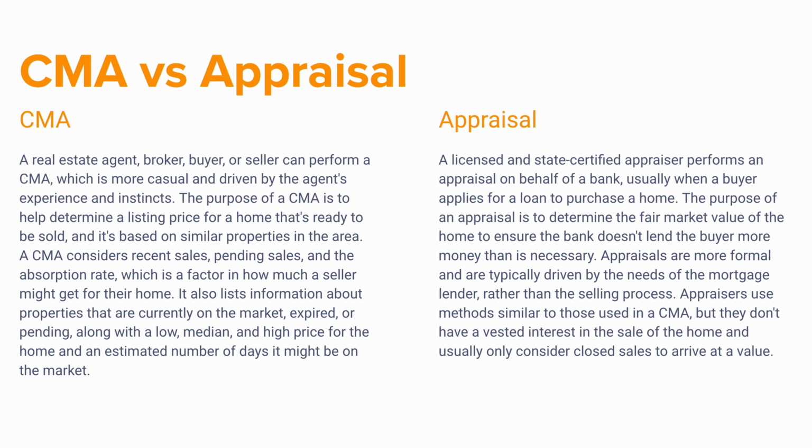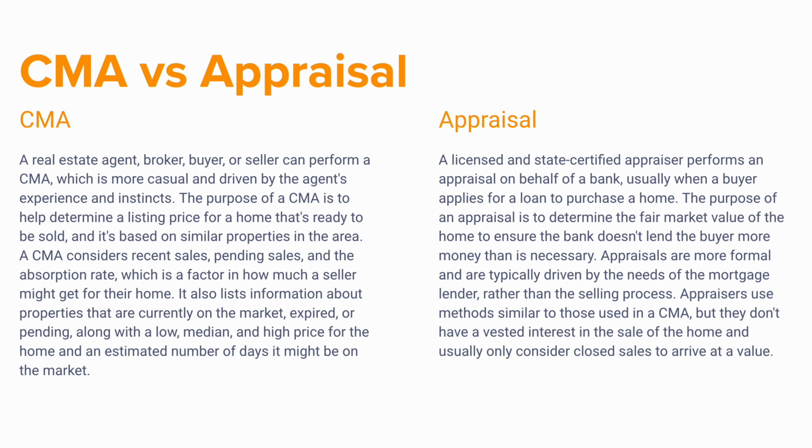It's important to understand that a CMA, comparative market analysis, can be performed by a real estate agent, broker, buyer, or seller, and it is more casual, driven by the agent's experience and more of the agent's instincts.